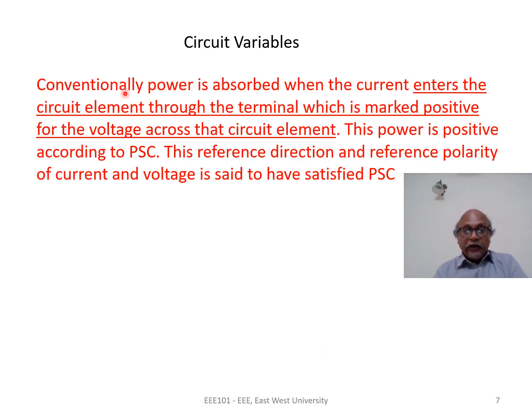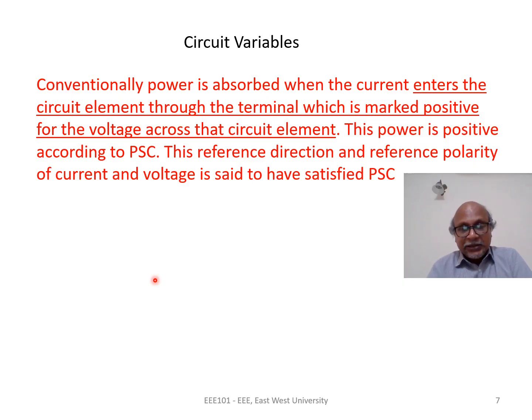Conventionally power is absorbed when the current enters the circuit element through the terminal which is marked positive for the voltage of the circuit element. To calculate power, we need to know the voltage, that means the value and the reference polarity of the voltage. We also need to know the current, that means the value and the reference direction of the current.